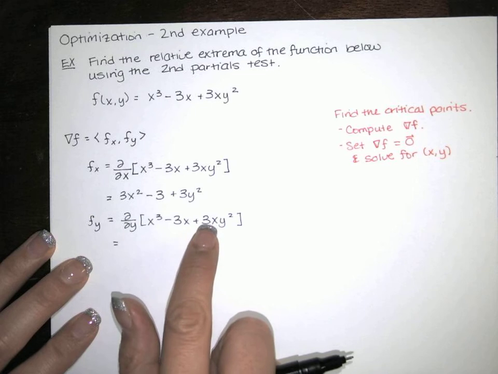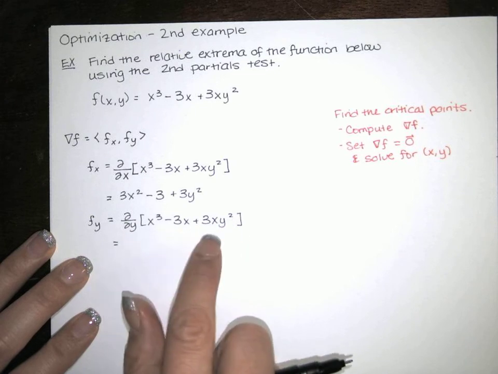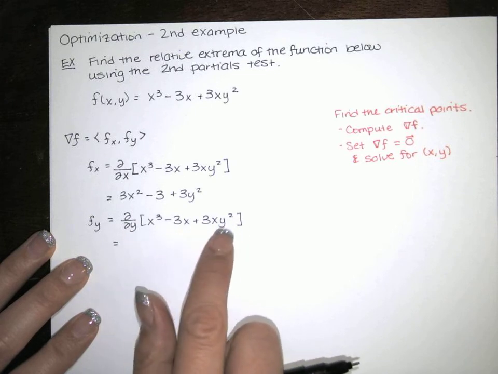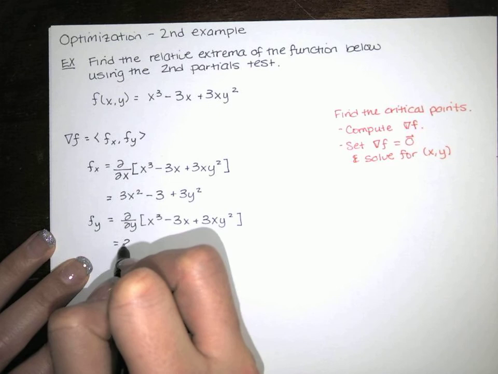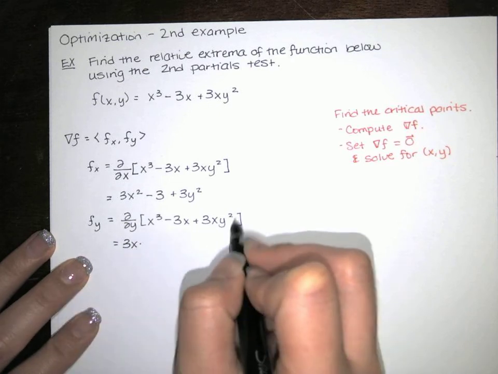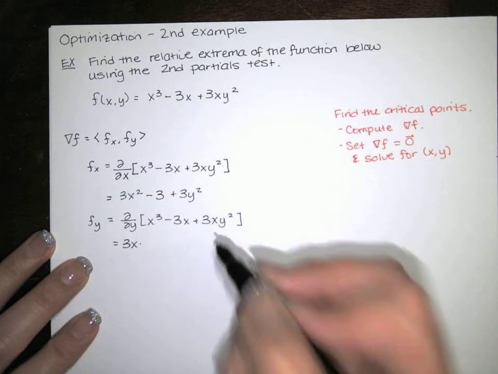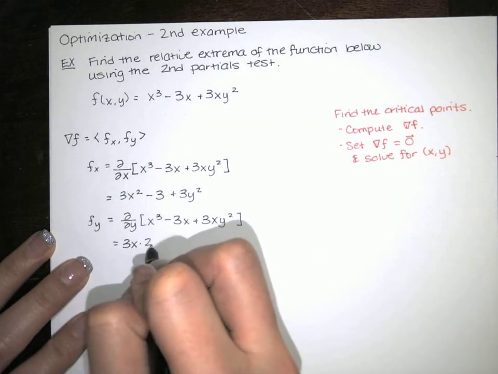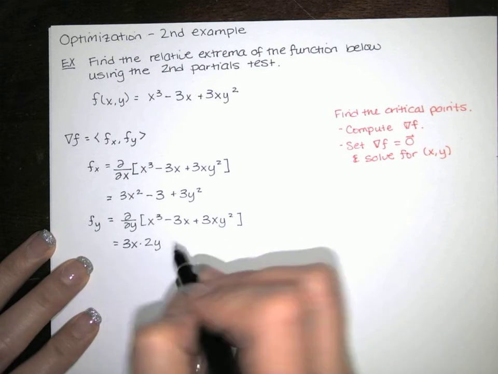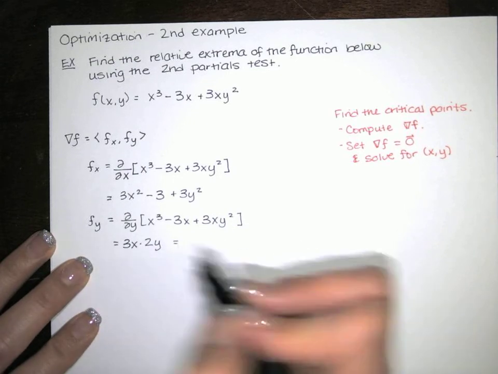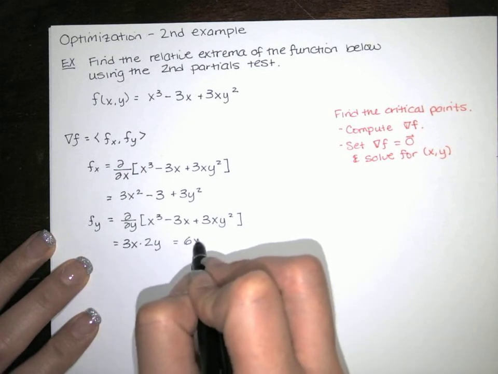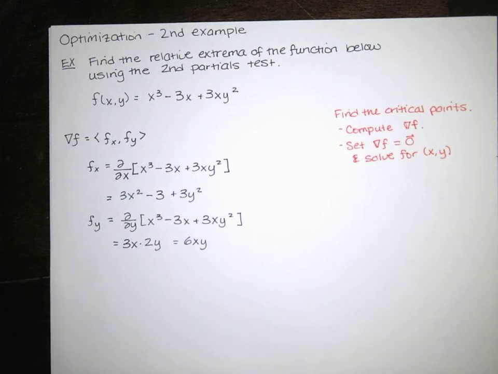And then over here we've got a constant times a function of y. So remember from Calculus 1, if you have a constant times a function, you bring the constant down and you multiply by the derivative of the function. Derivative of y squared with respect to y is 2y. And so we get this. We get 6xy as the partial of f with respect to y.